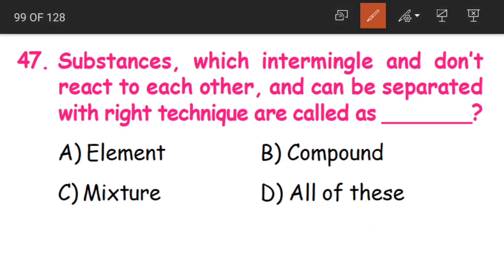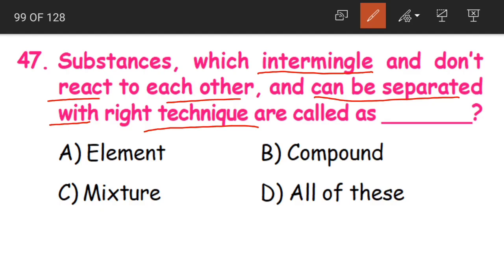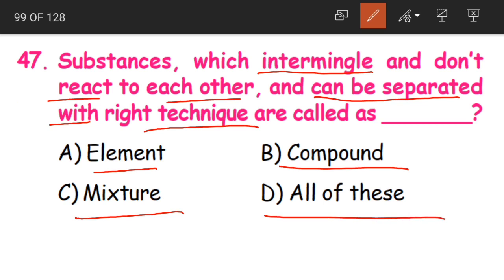Substances which are going to mingle with each other and they don't react to each other, okay, and can be separated with the right technique, are called element, compound, mixture, all of these. So what is that? It is mixture. In the name only you are having mixture. Mixture is a combination of so many.